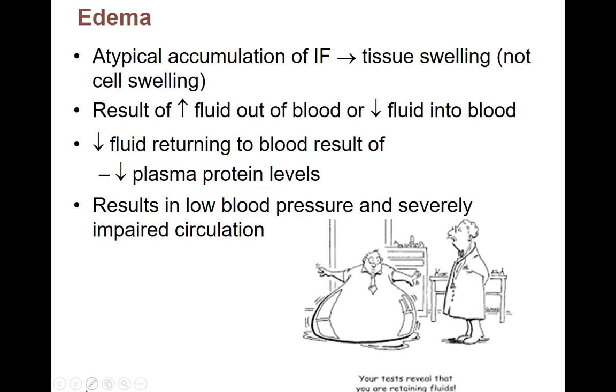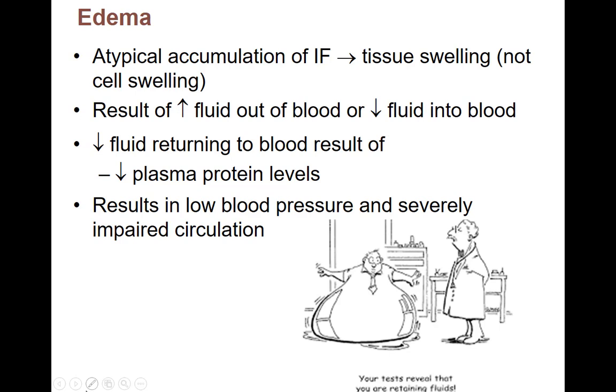This is not always good. A lot of times it can happen, one, if you eat too much salt, which makes you retain water. That's edema. You have too much fluid in your tissues. After certain surgeries, certain areas can swell up. Now, if you have too much fluid in your tissues, that fluid is no longer in your blood supply, and that can actually result in a low blood pressure that could impact your circulation.